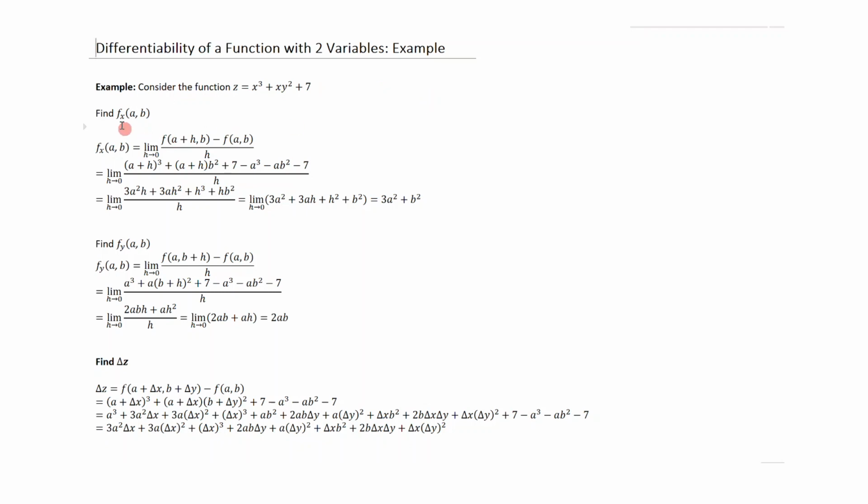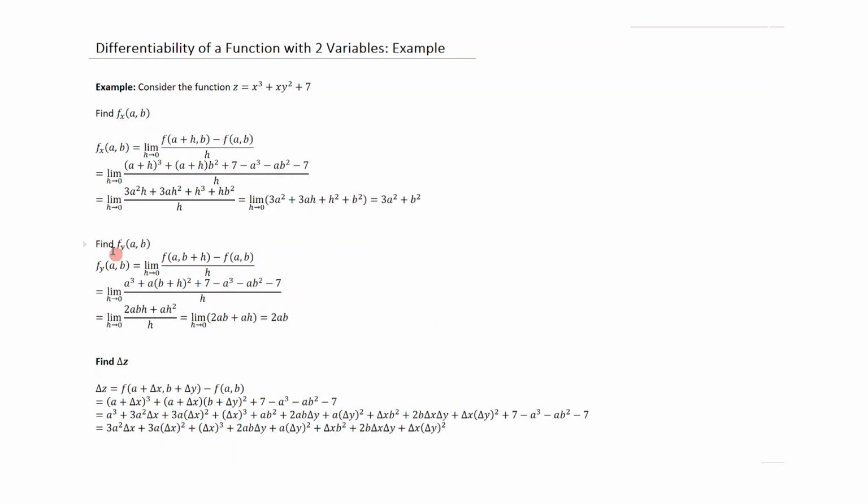So first step would be to find f partial x at some value (a, b), and so we're applying the actual definition of a partial derivative here, but using this as our function. And so we're basically substituting for x a plus h here, and for x a here, and in both cases y is b. And if we go through these calculations, you'll see that ultimately as h goes to 0, there's some cancellation, and we're just left with terms of 3a squared and b squared.